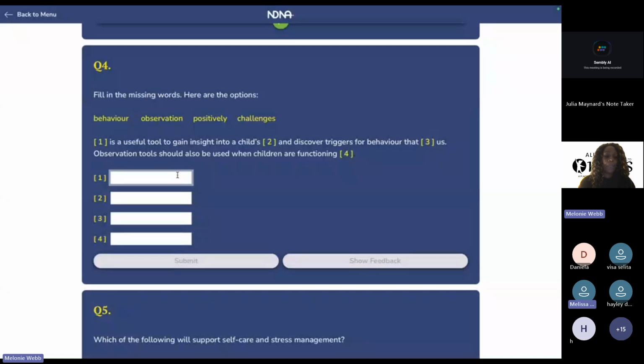Observation, by the sound of it. Observation is a useful tool to gain insight into a child's behavior.